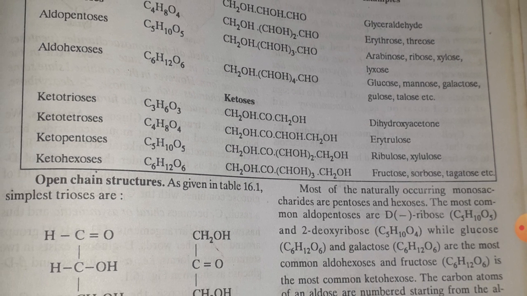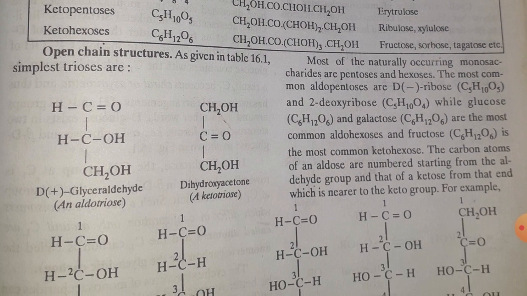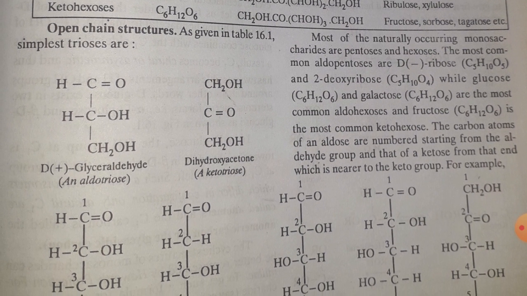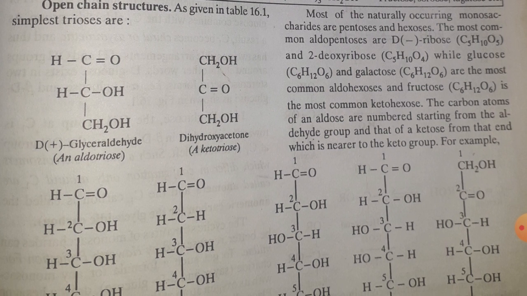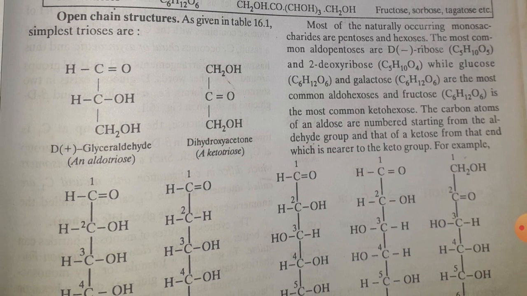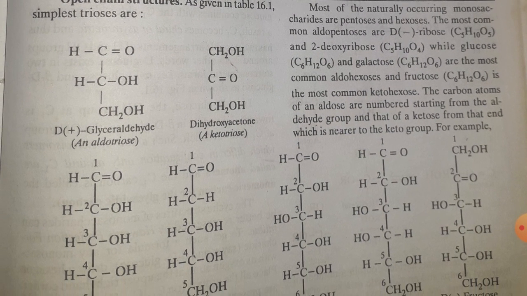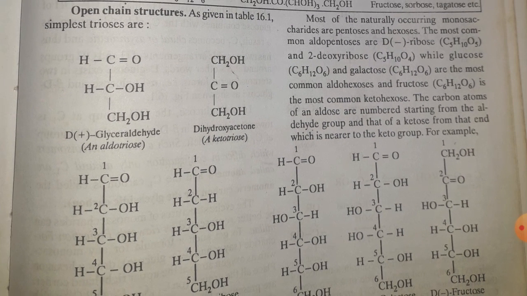Now we will deal with the structure of carbohydrates. We will discuss the open chain structure first, and then we will move to the ring structure or cyclic structure. So there are two structures referred to for carbohydrates or monosaccharides: one is the open chain structure, another is the cyclic structure.